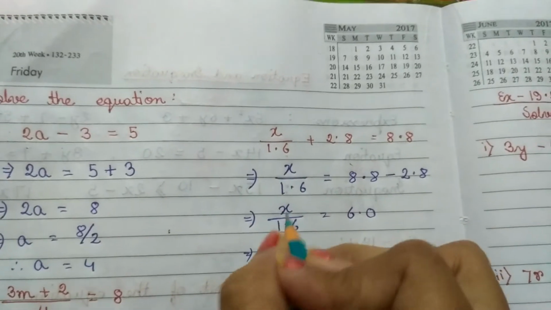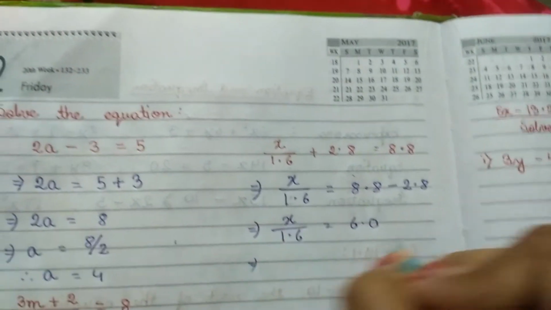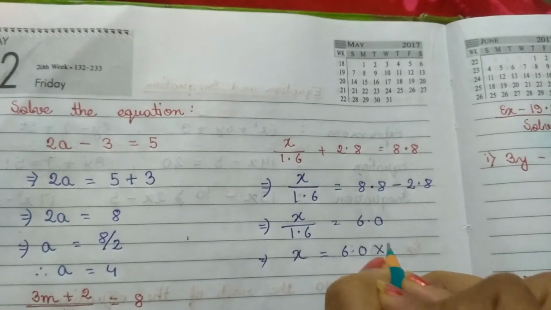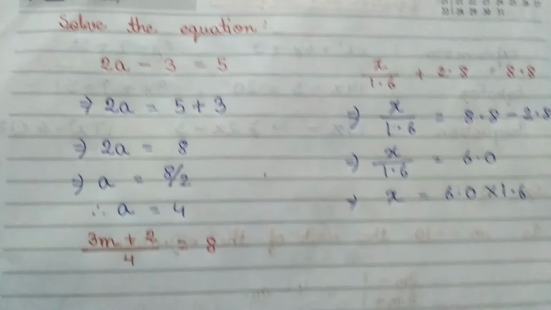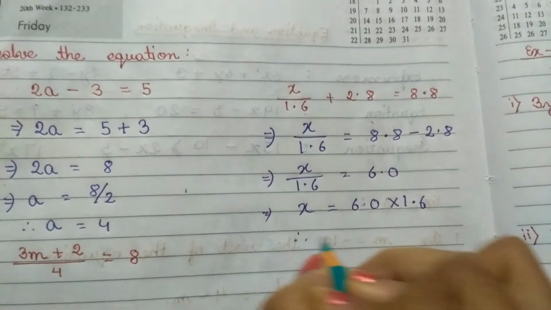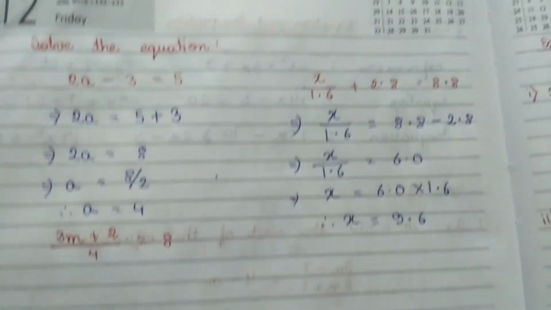Now see, it is divided here, so we will multiply when we take it to the right hand side. For the same reason, if 2 was multiplied we divide it with 2. So x equals to, we will get 9.6 after multiplying.